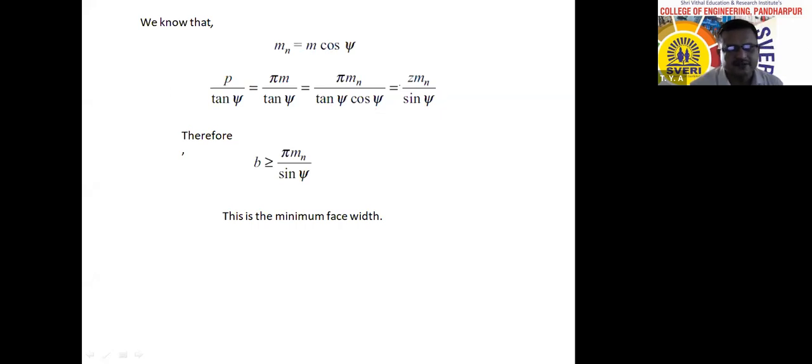Therefore, we are getting the equation, B is greater than or equal to, sorry, here pi should be there. This is pi. Pi Mn upon sin psi. B is greater than or equal to pi Mn upon sin psi.